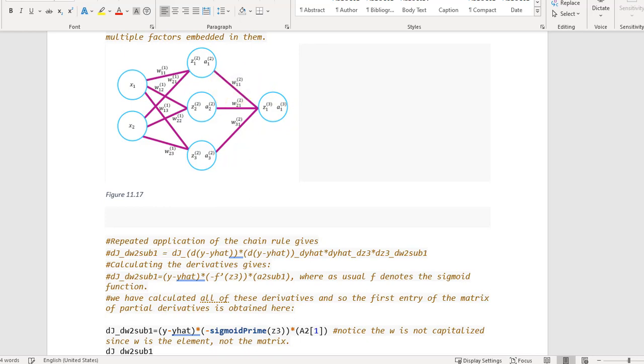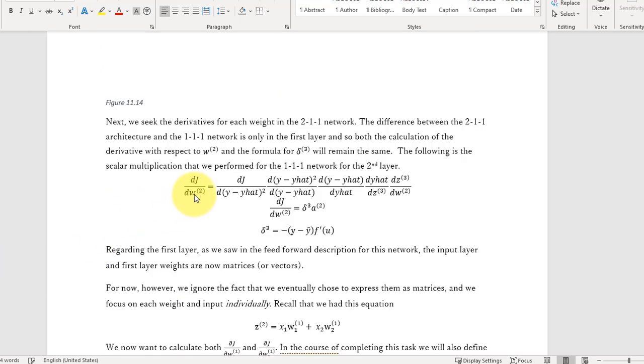So the derivative will basically be the same thing as we had in either the 1, 1, 1 network or in the 2, 1, 1 network. So let's just go back and check what that was for the weight at this level, the W sub 2 level.